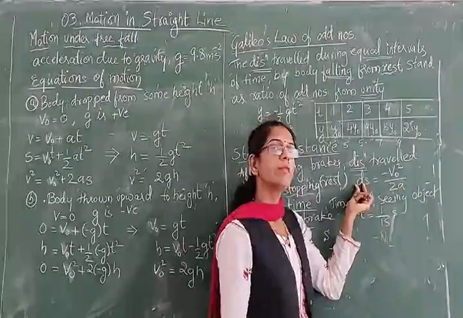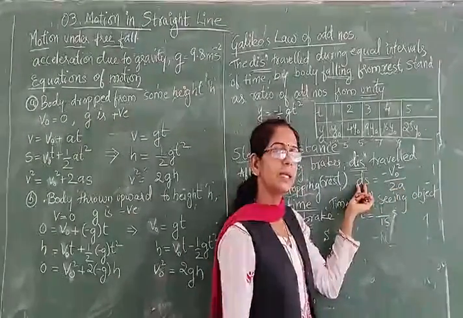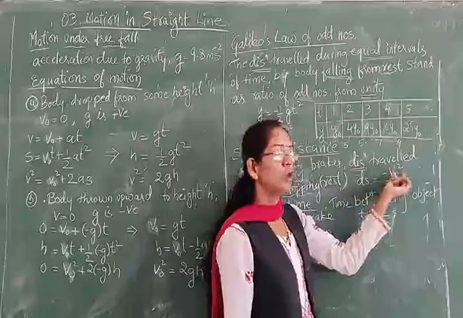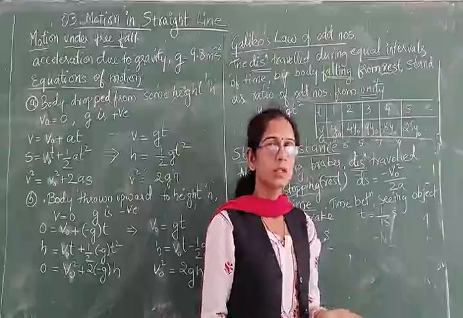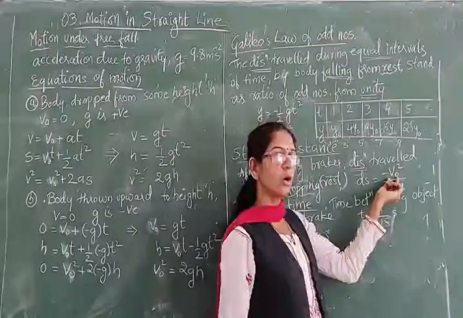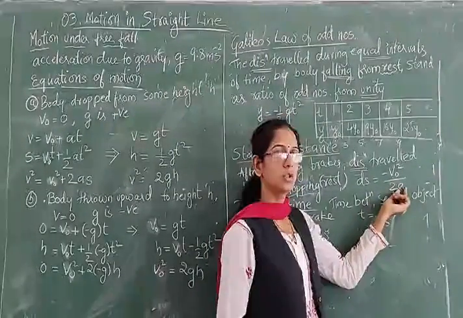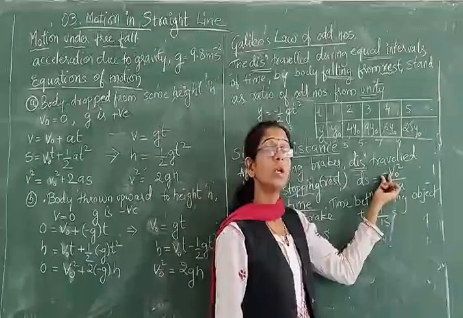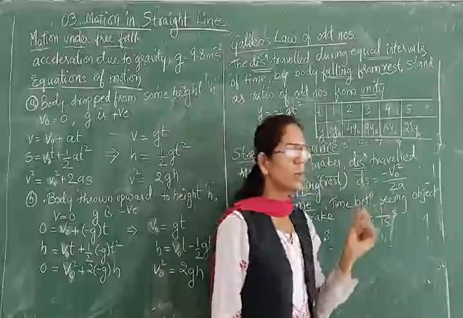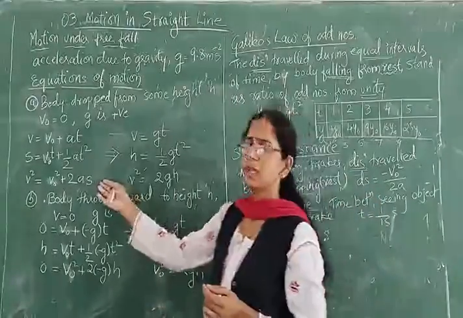Since the distance travelled is small, it is represented by ds. V naught is the initial velocity, that is, the velocity of the object when you apply the brake, and a is the acceleration. Here retardation occurs, therefore the sign is negative.